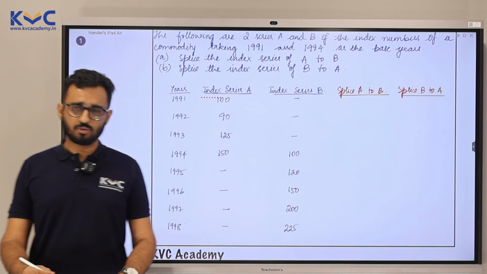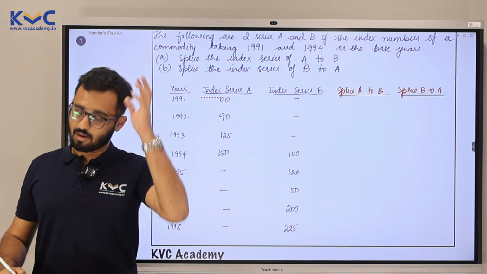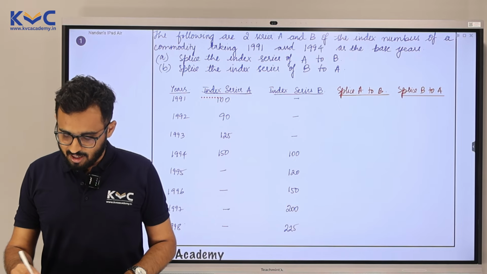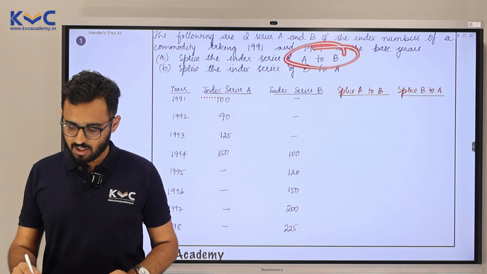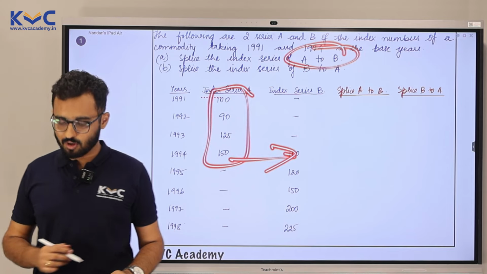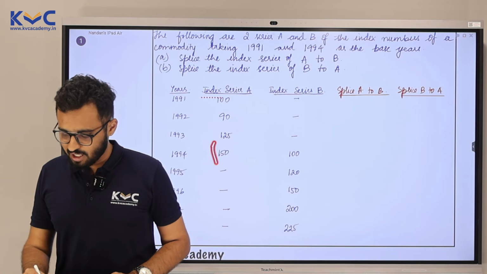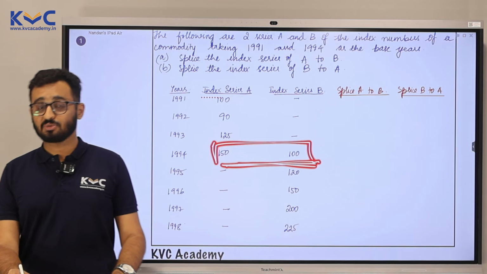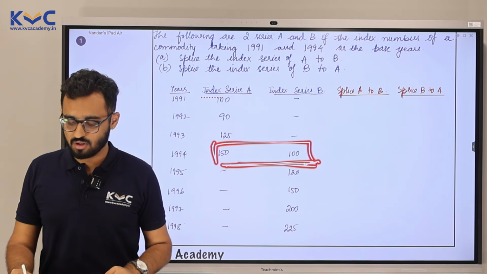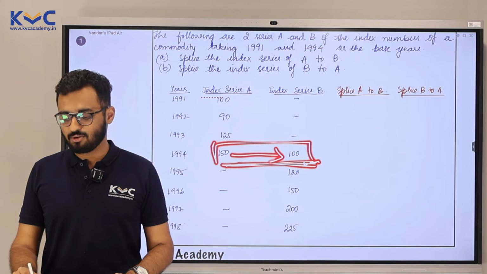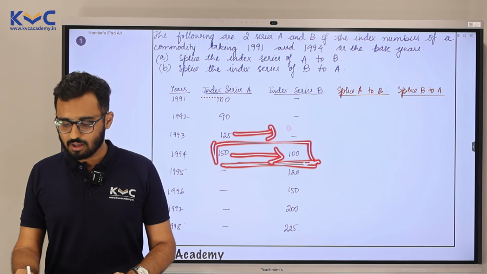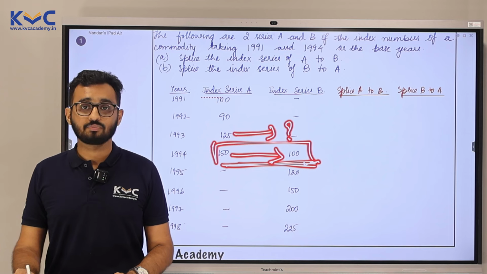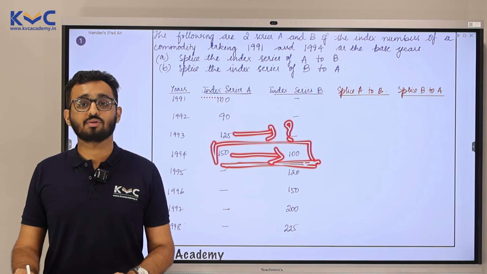Now when you do that, observe what you need to do. Common sense. A will now merge with B, right? First is splice index series of A to B. So A will merge with B means what? There is one common value here, which is necessary, and this will give you the clue. If 150 was 100, what will be 125?